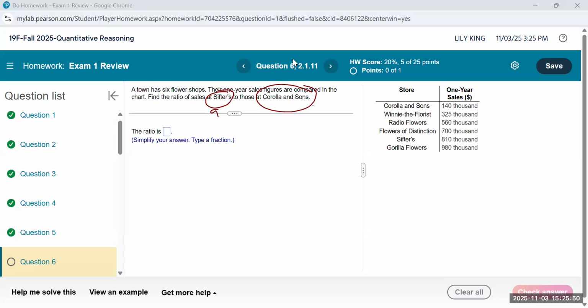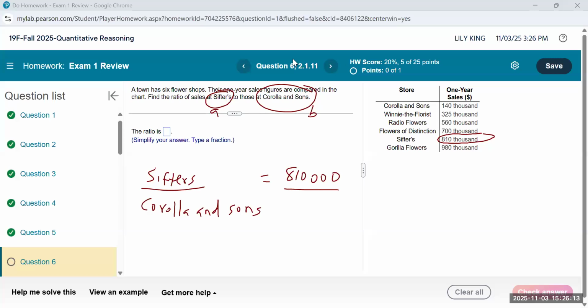This is your A quantity, this is your B quantity. So your SIFTUS is on top of the fraction, Corolla and Sons is at the bottom. On the table, we are looking for the 1 year sales for SIFTUS, which is 810,000. Corolla and Sons is 140,000.